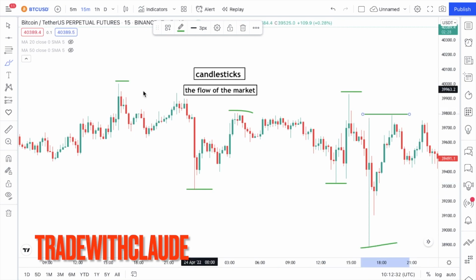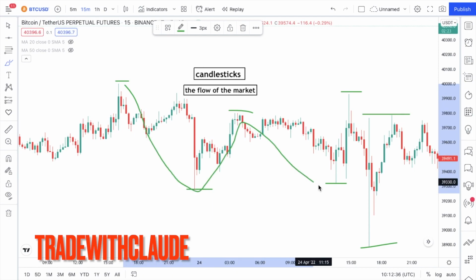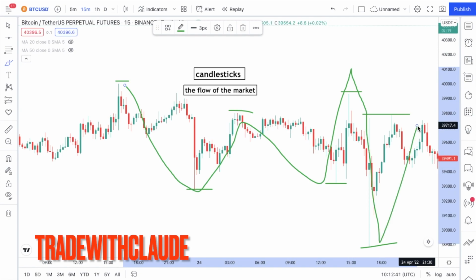So the market is just going down, up, down, up, down, then up. You understand? What is giving you the indication that this market is going down, up, down? It's because of the candlesticks, because they are showing you higher highs, higher lows, lower highs, and lower lows.